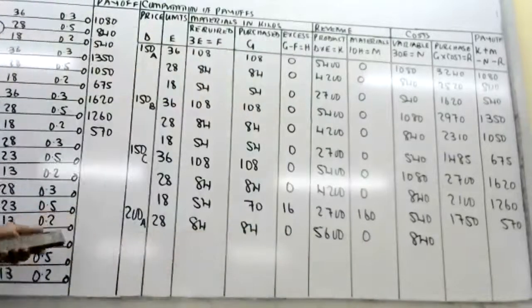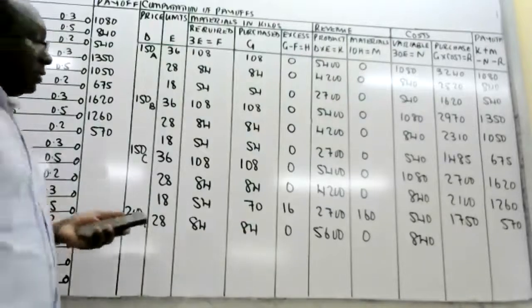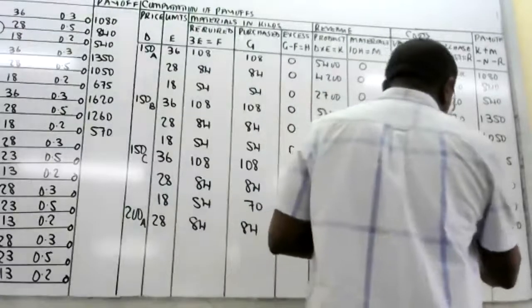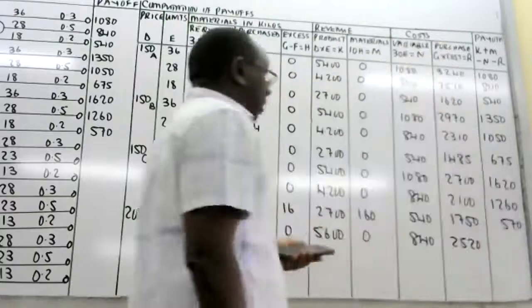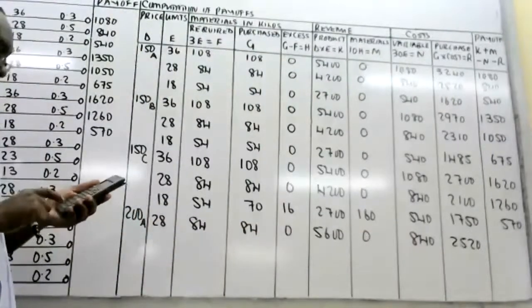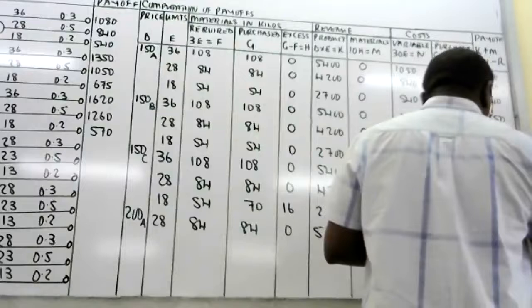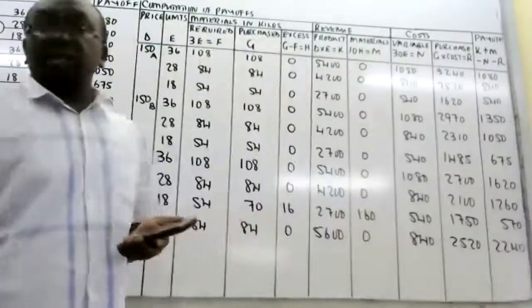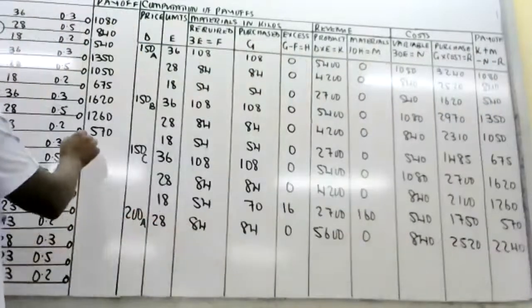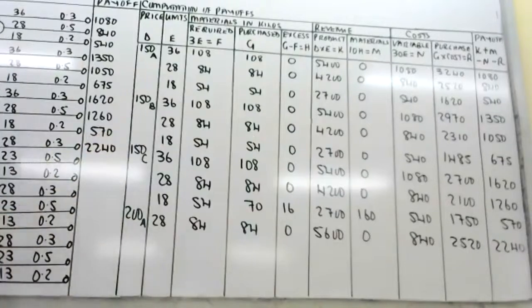Then the purchase is 84 times 30. So it is 2520. So we will say 5,600 minus 840 minus 2520 is 2240. So that 2240, we bring it here.